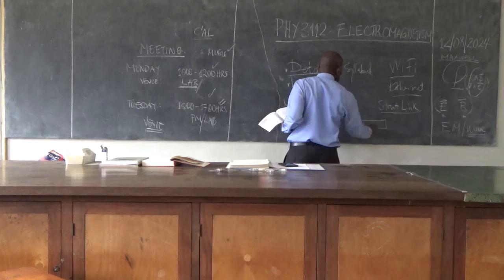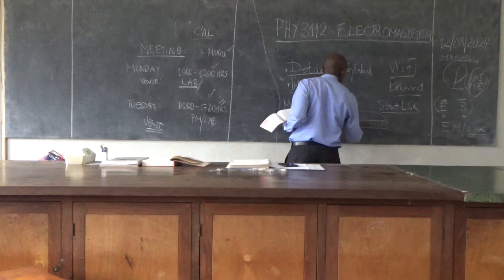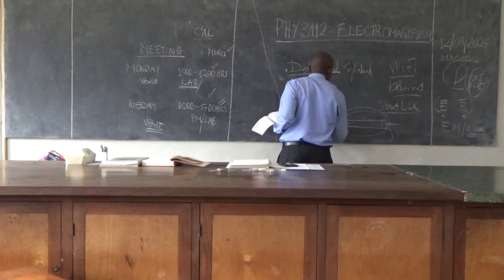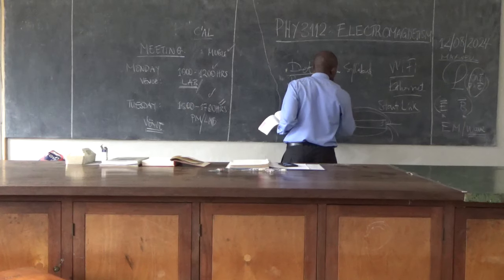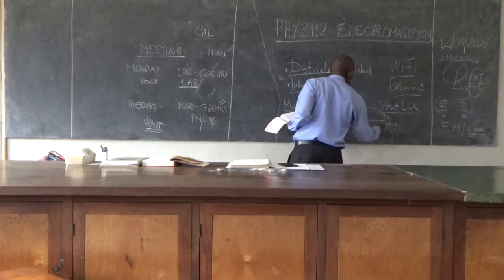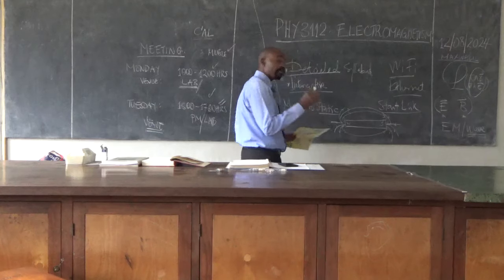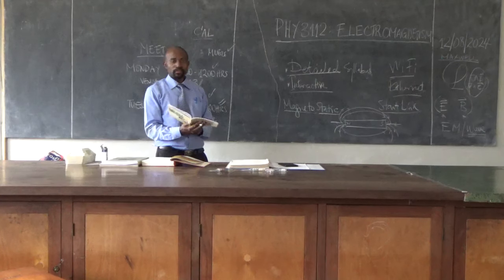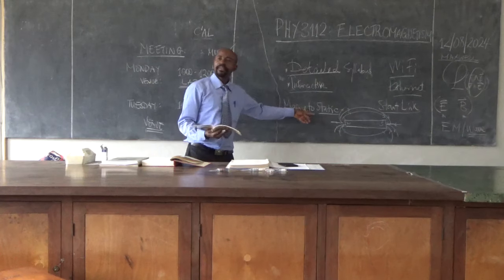So this is the North Pole, South Pole, and you are having these field lines originating from the north and heading to the south, and the magnet is not moving, nothing is moving around, so we have stationary field lines. That's why it's magnetostatics.